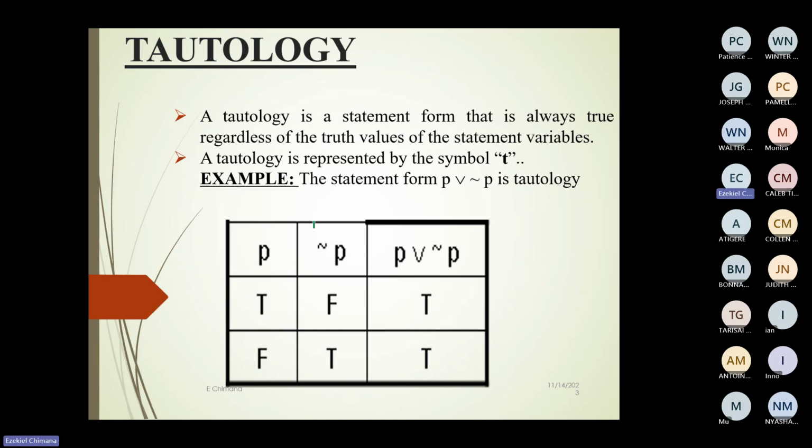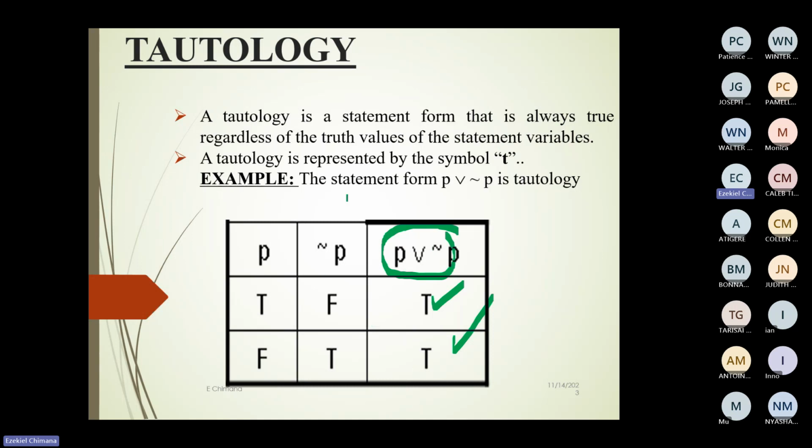A tautology is represented by the symbol T. Like if you look at this truth table, P or the negation of P is always a tautology, since we have only true values in its critical column.